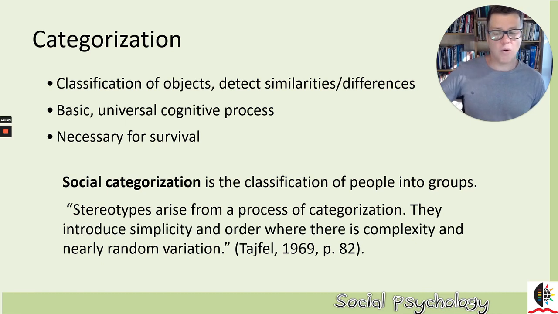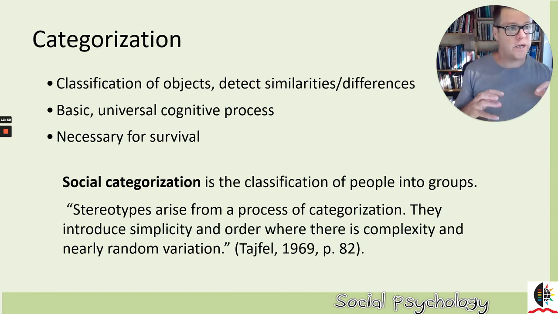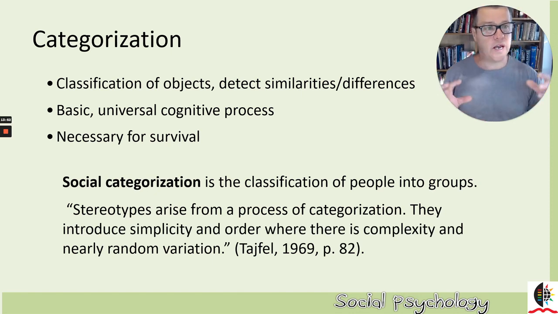Why? It's because categorization and this recognition of difference is argued to be a universal cognitive process. All humans do it. We do it all the time. It's hardwired in. It's necessary for survival. And of course, in the social context, we take the same cognitive process and now we apply it to people.